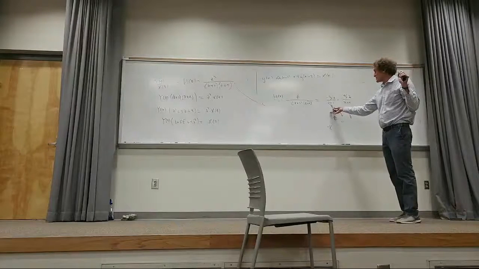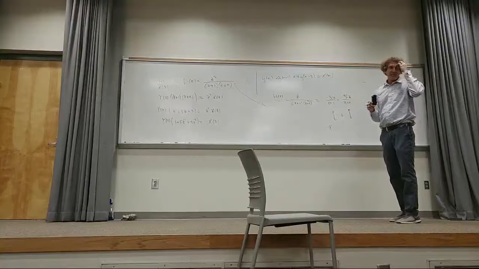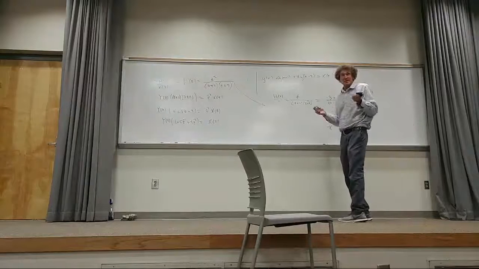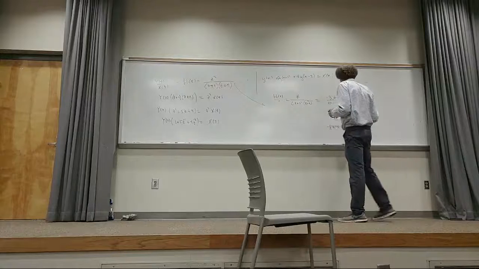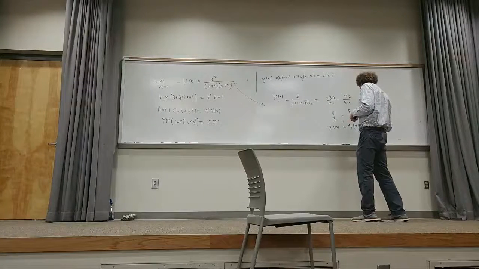If it would be z plus 1, it would be that, right? Don't make that mistake. Everybody with me on this? So this is going to be minus 1/3 times 1 to the n, or just 1, u of n, right? Plus, what's the next one? 4/3, keep going, 4 to the n, u of n.